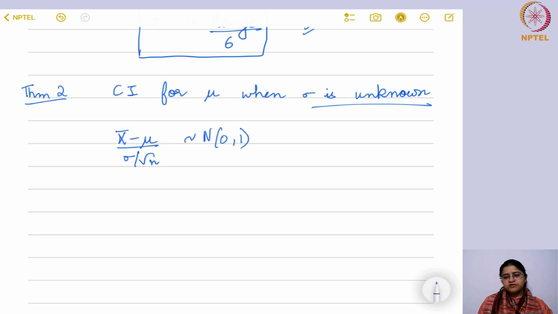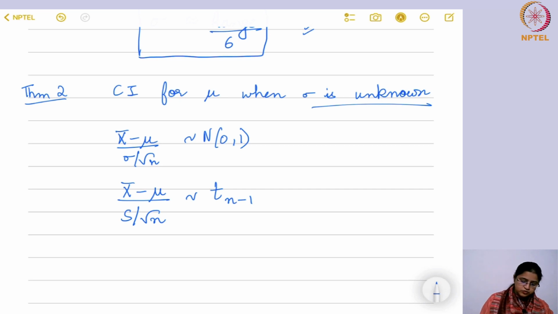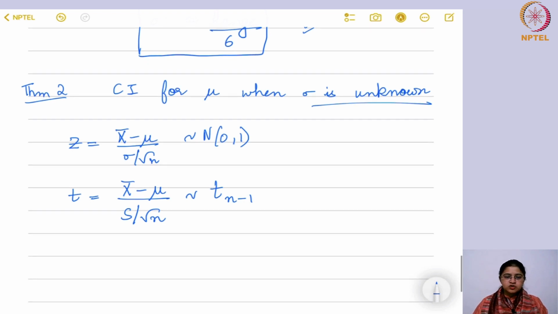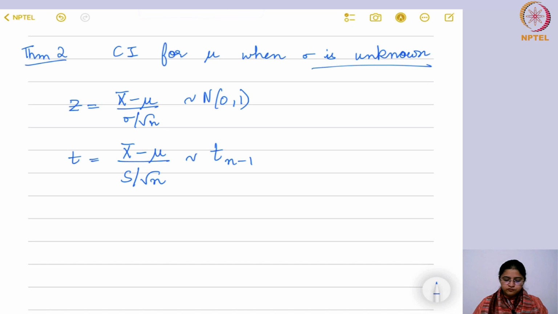And if you can recall, we have said repeatedly that if sigma is unknown, I replace sigma by the corresponding sample standard deviation s, and it follows the t distribution with n minus 1 degrees of freedom. So in this case, we use z notation for the earlier one, and we say this is t over here. Now we use this logic in order to obtain the proof for this.